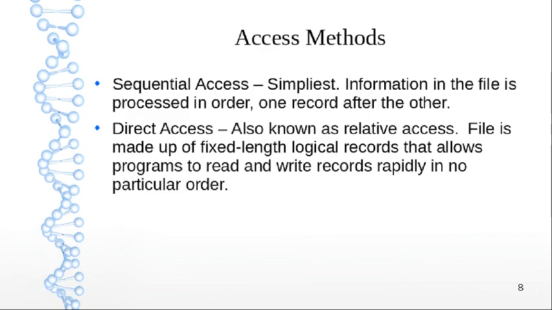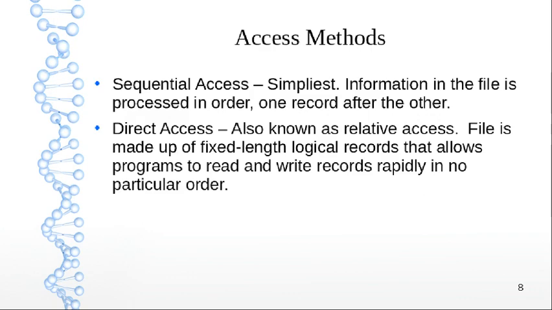And the second one, which is a direct access, also known as a relative access file, is made up of fixed length logical records that allows programs to read and write records rapidly in no particular order. So what is actually the difference between the sequential access and the direct access? The sequential access, in terms of accessing the data, is much slower than the direct access.